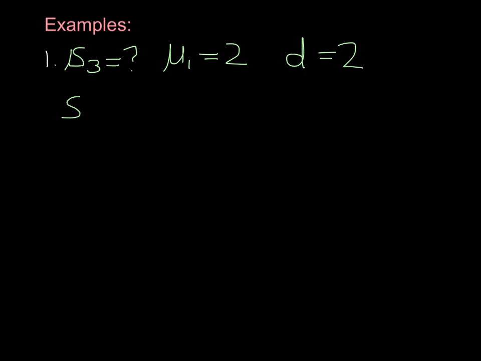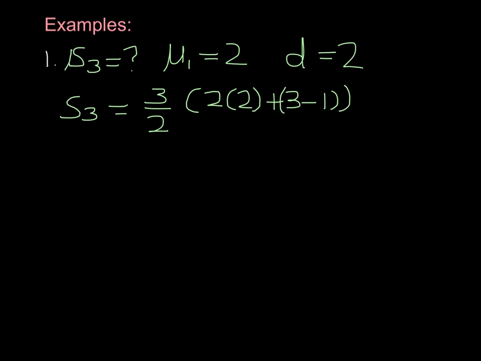So it will be S3 equals 3 over 2 times 2 times 2, that is u1, plus 3 minus 1 times 2.